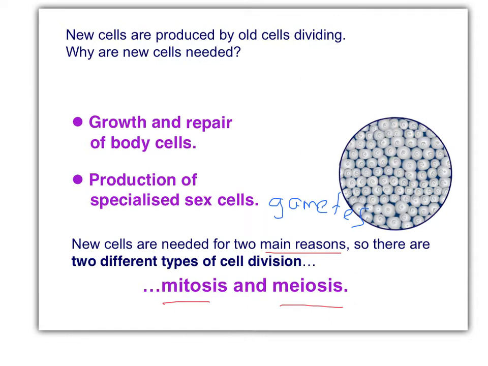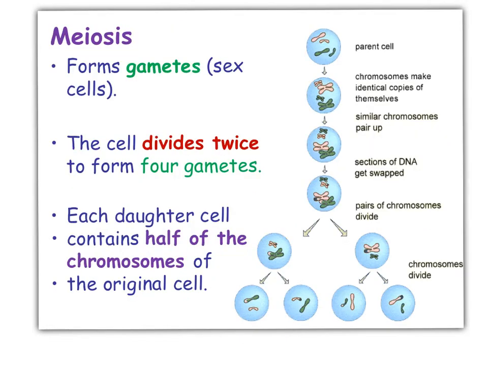Now during the tutorial we'll basically break down and compare these two types of cell division. So if we start with meiosis, meiosis is a type of cell division that produces gametes, or the sex cells. In the case of humans, that would be the eggs and the sperm.